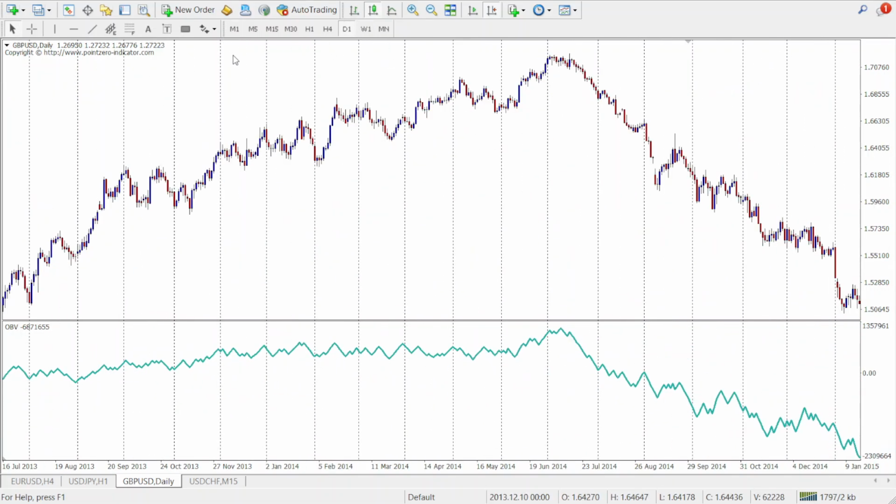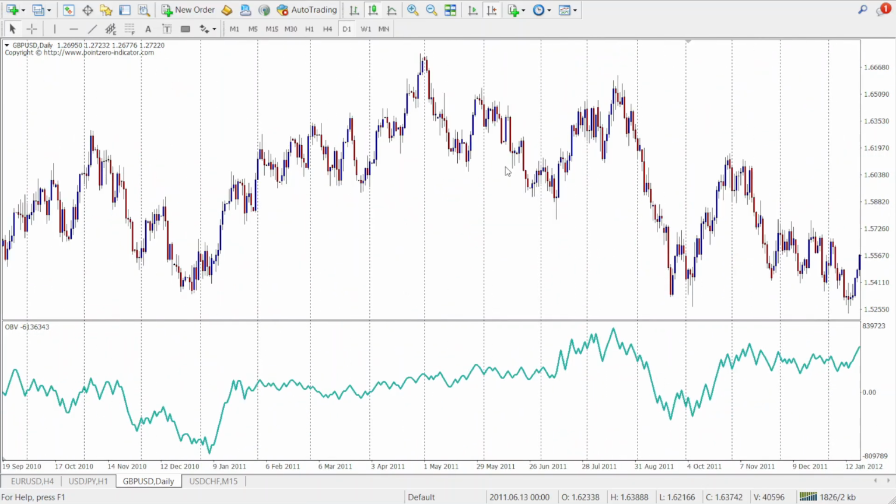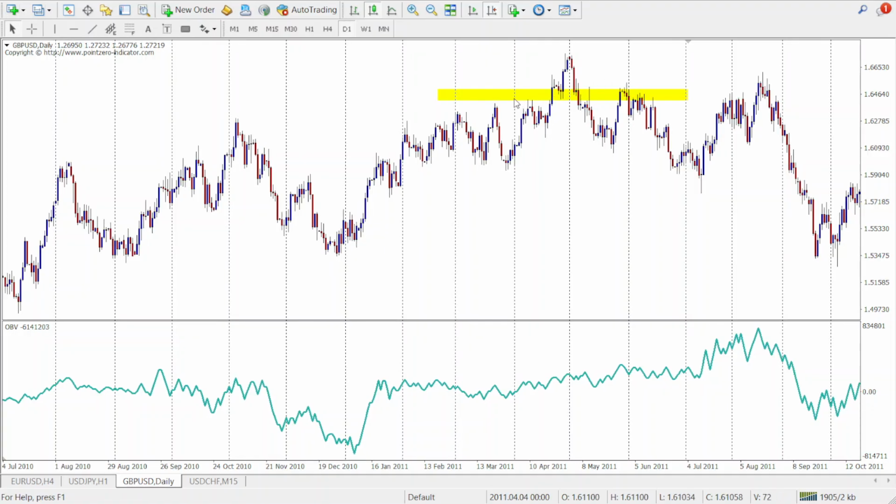Okay, we can see that we had a resistance zone around here. You can see that we had a resistance zone around here, and just shortly after the price rose above the resistance zone, it dropped back down.